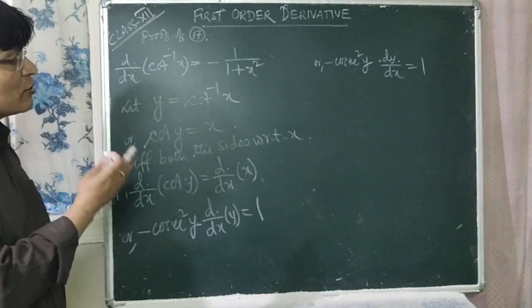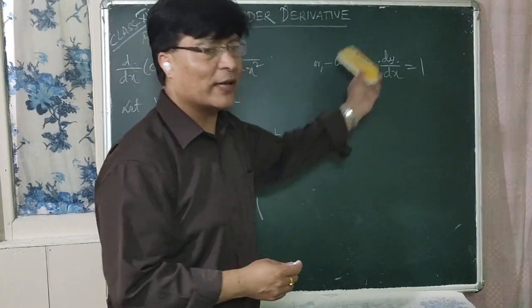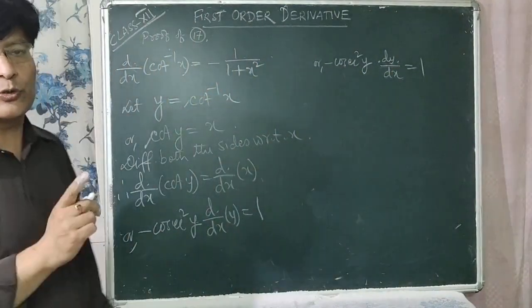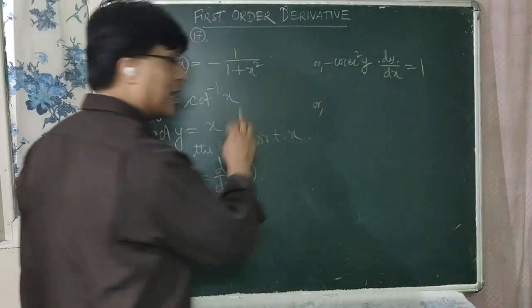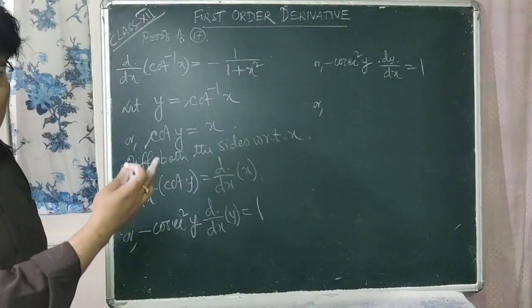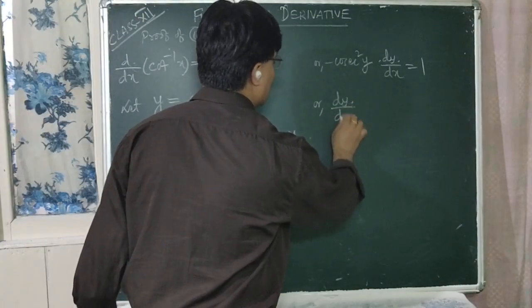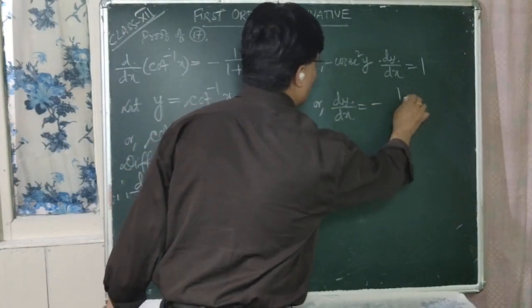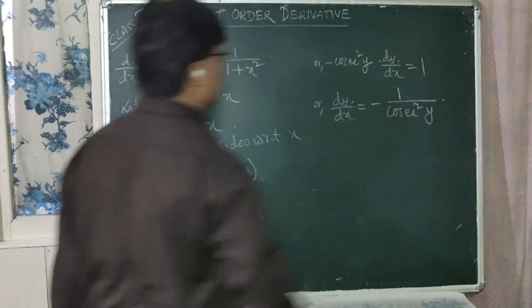So it is minus cosec square y into dy by dx. When this minus cosec square y goes to the right hand side, you should write it in the denominator. But the minus sign you can write either in the numerator or in the denominator. So what is dy by dx now? It is minus 1 upon cosec square y.